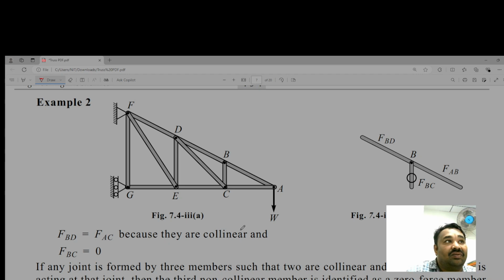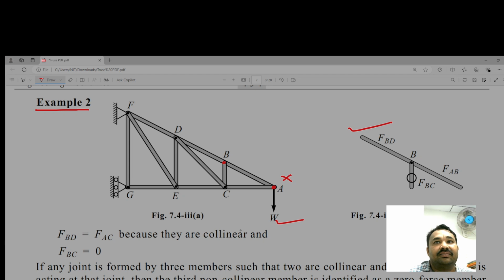Now let us take another example. In this structure you have to identify the joints which satisfy the condition. Starting from joint A, obviously external load is there, so this joint is not selected. What about joint B? At joint B it is drawn here.